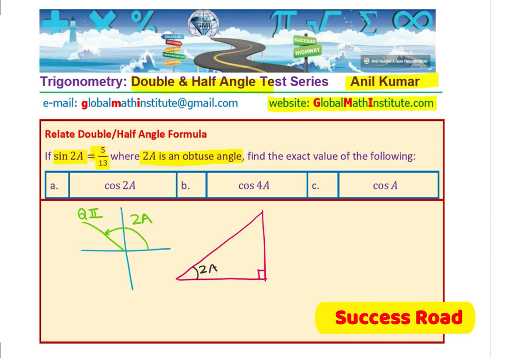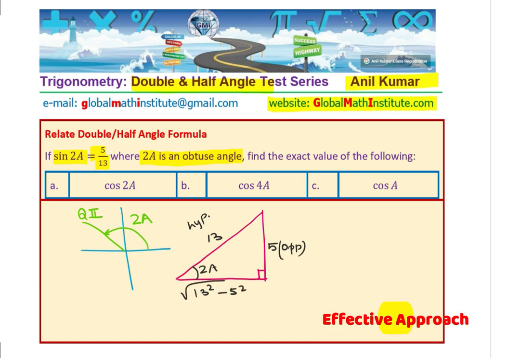Sine 2a is 5 over 13, and sine is the ratio of opposite side to hypotenuse. So definitely we can find the adjacent side. This side will be the square root of 13 squared minus 5 squared, which is equal to 12. So this is a right angle triangle whose sides are 5, 13 and 12.